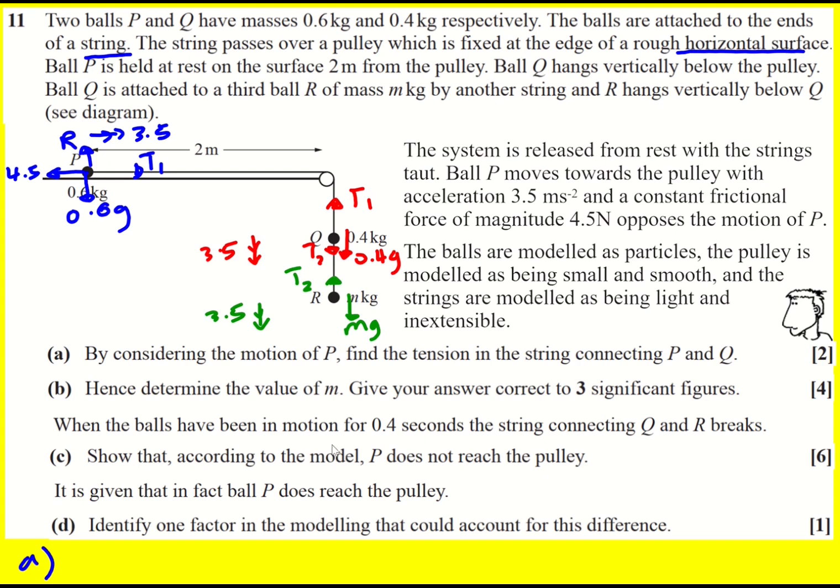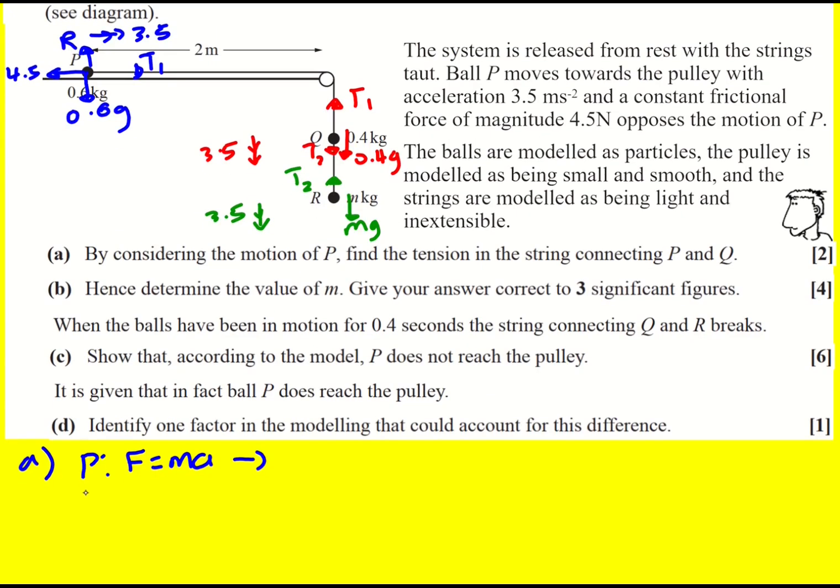So considering the motion of P, find the tension in the string connecting P and Q. That's going to be the T1 that we're interested in. So I can focus on P, apply F equals ma to the right. So T1 minus 4.5 is going to equal 0.6, that's my m, times the 3.5 that I have from before.